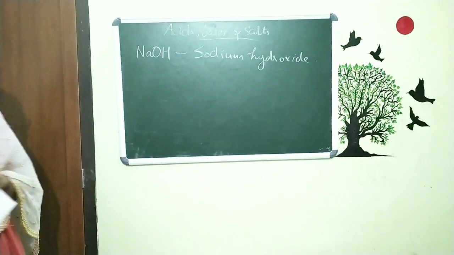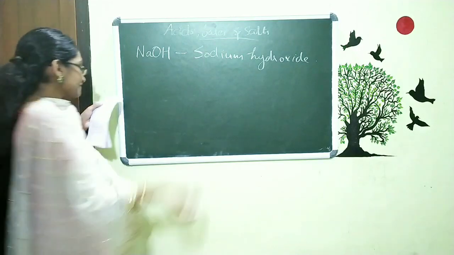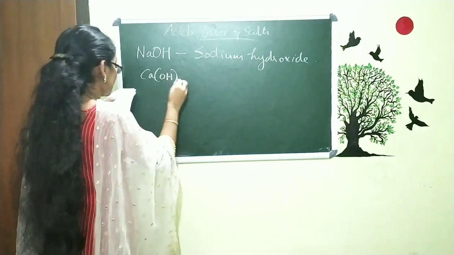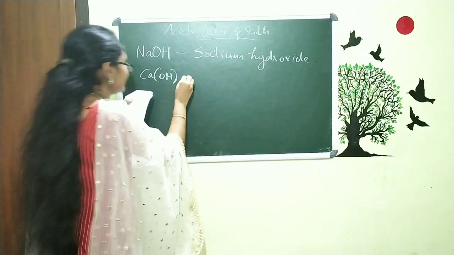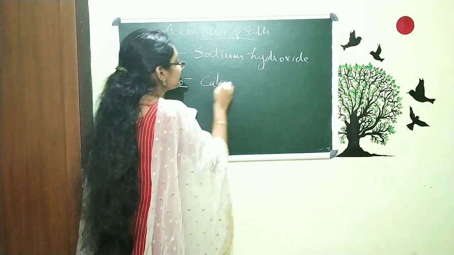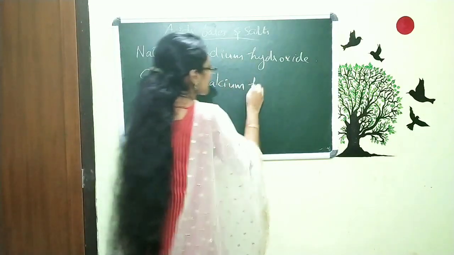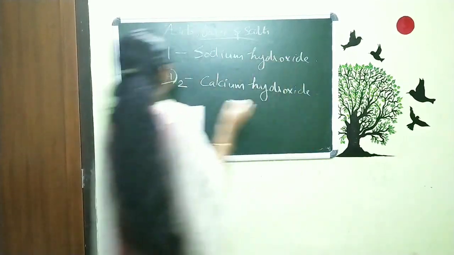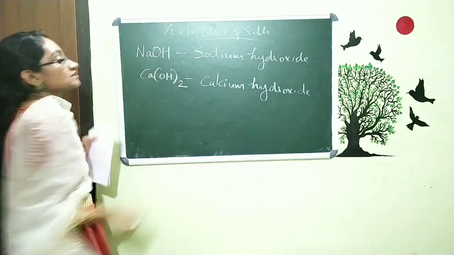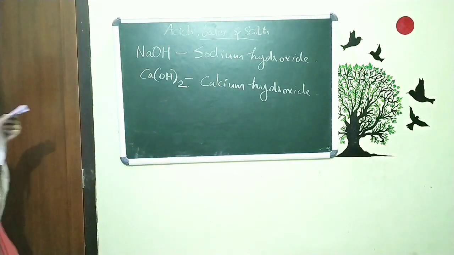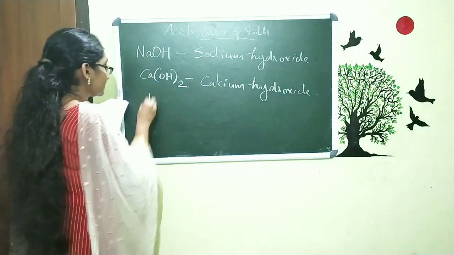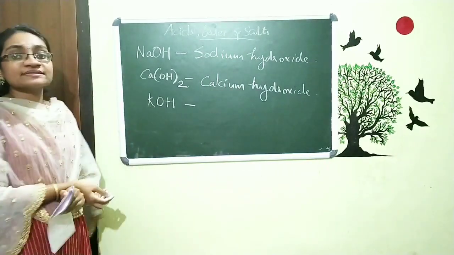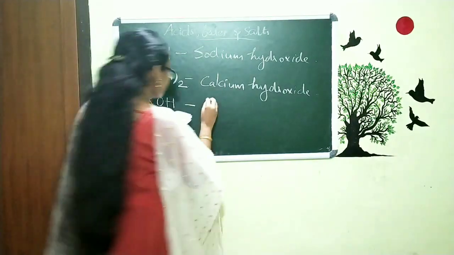The next one is Ca(OH)2. This is calcium hydroxide. The next one is KOH. What do we call this? This is potassium hydroxide.